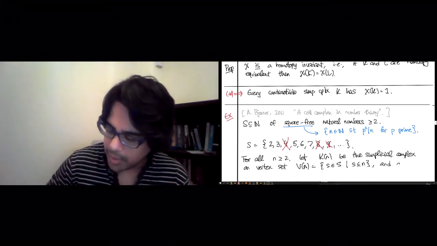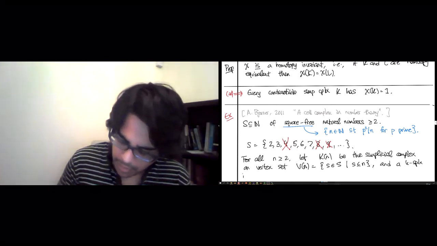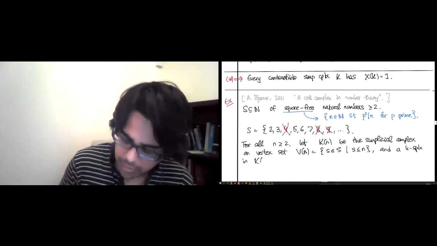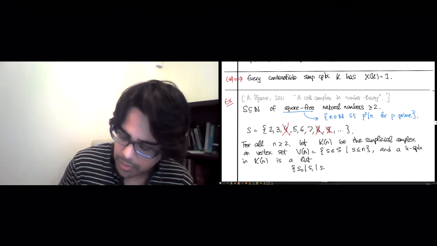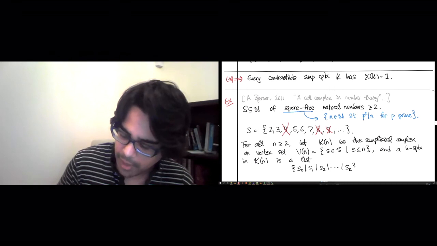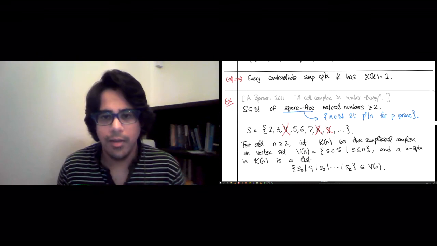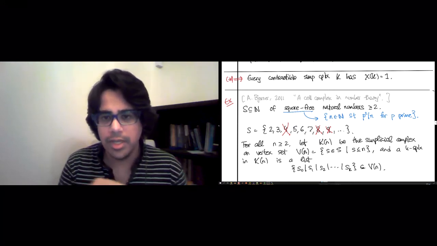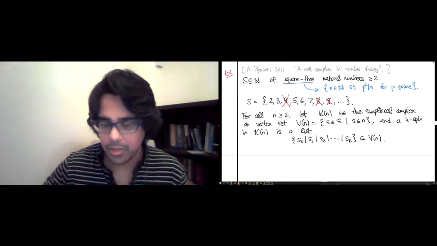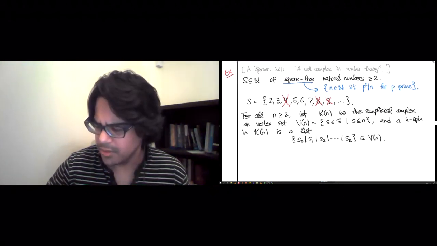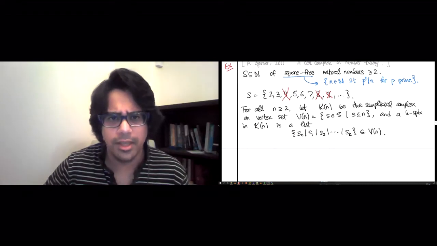And a k-simplex in the simplicial complex K_n is a list s_0 divides s_1 divides s_2 all the way up to s_k, a subset of V_n. So to get a k-simplex in this simplicial complex K_n, you need k square-free integers so that each one divides the next.